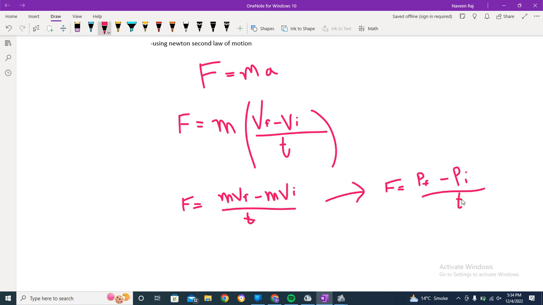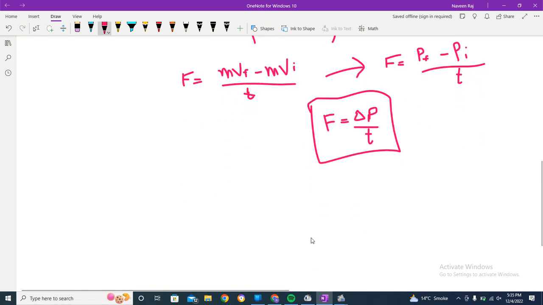Here we have got a final statement: force is equal to change in momentum. Because delta v is equal to vf minus vi, in the same way pf minus pi is equal to delta p, upon t. This is the final term that we have got, and it is a very important equation.